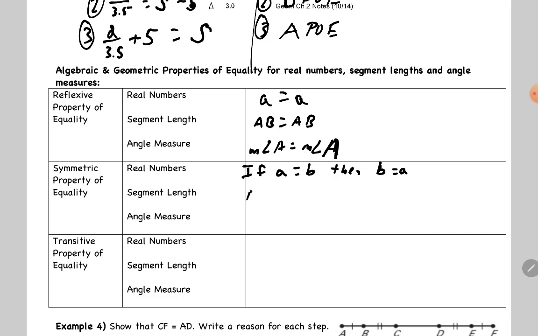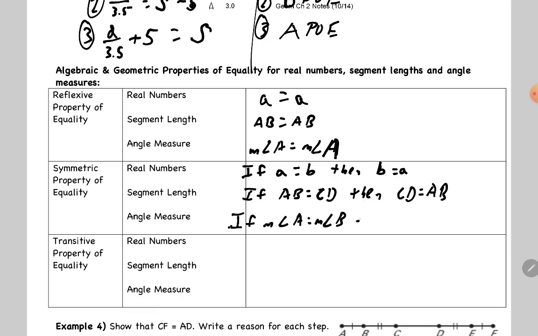So if the length of AB is equal to the length of CD, then the length of CD is equal to the length of AB. So I'm just swapping. If the measure of angle A equals the measure of angle B, then the measure of angle B is equal to the measure of angle A.